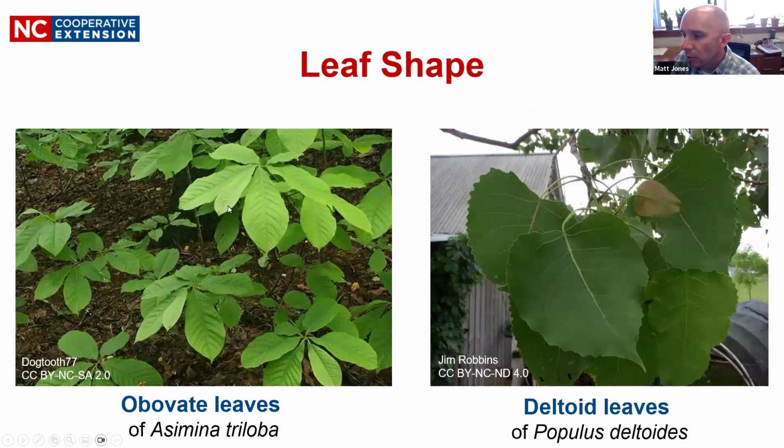Here's some real examples of some different leaf shapes. So this is a pawpaw, and you can call this an obovate leaf, but often in leaf descriptors, you will see multiple descriptions. So a leaf might be described as obovate to oblanceolate or elliptical dash lanceolate.